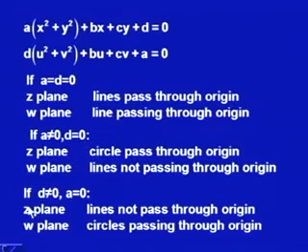In the next case, when d is not 0 and a is equal to 0, then in the z plane they represent lines not passing through the origin, and in the w plane we will have circles passing through the origin. So, these are different cases, and accordingly circles and lines, the level curves in the z plane, will map to corresponding curves in the w plane.